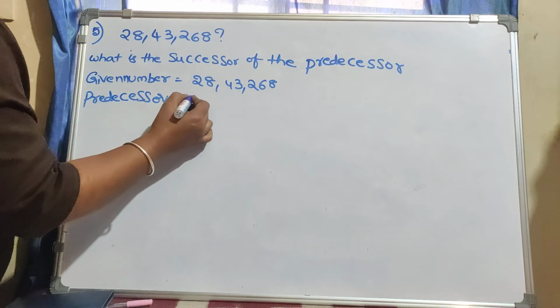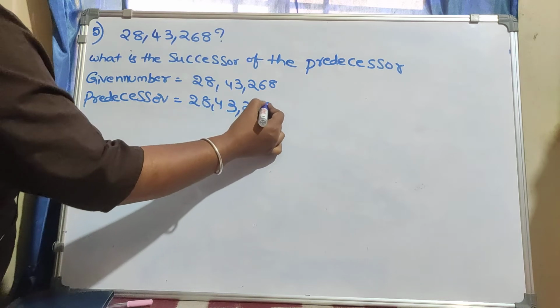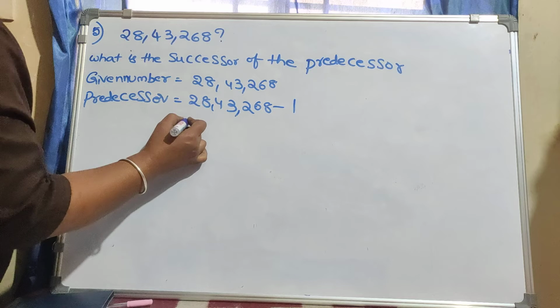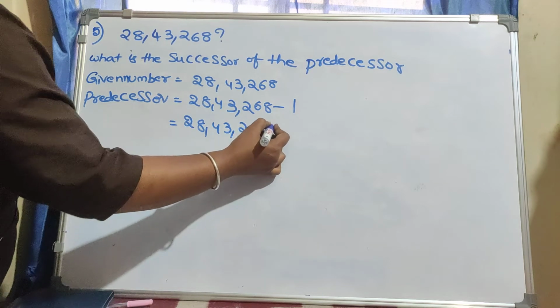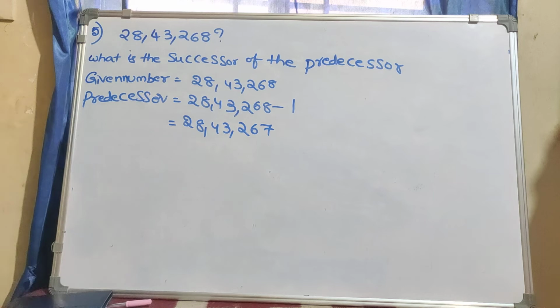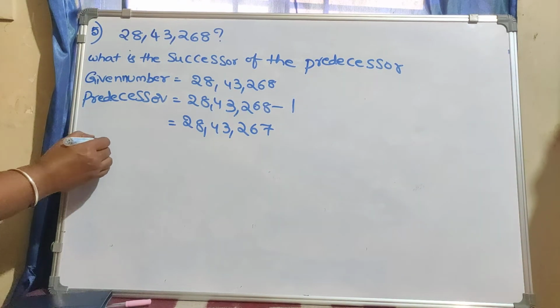Before the number. That means 28,43,268 minus 1, which is 28,43,267. Now what is the successor of this number? What else?